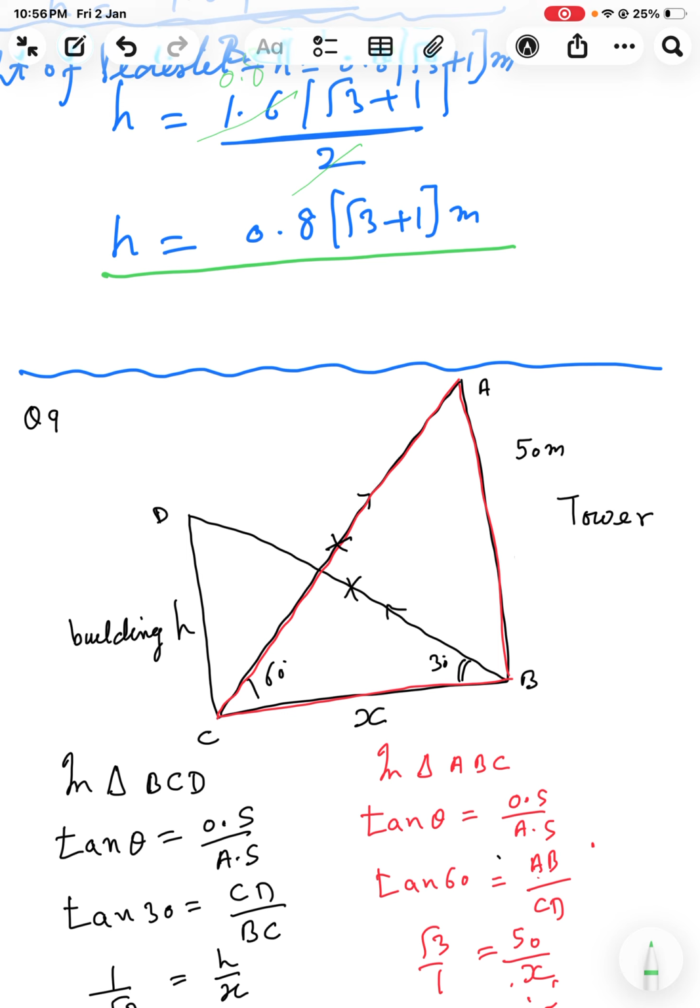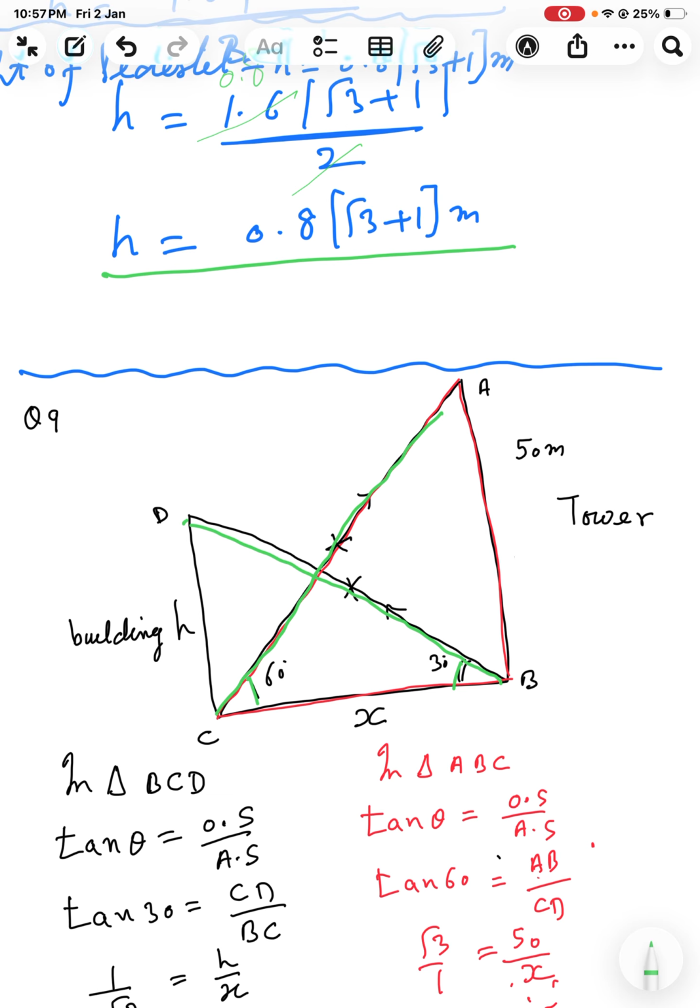In question number 9, from the top of a building, the angle of elevation from the foot of the tower to the top of the building is 30 degrees, and from the foot of the building to the top of the tower is 30 degrees.